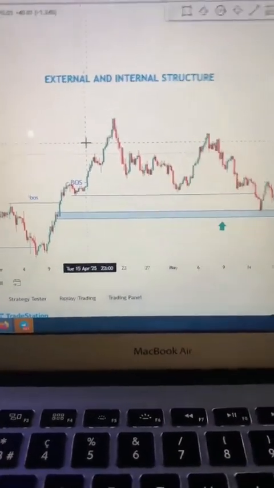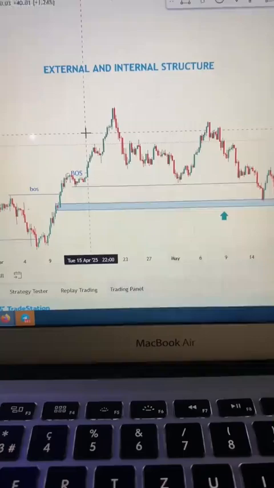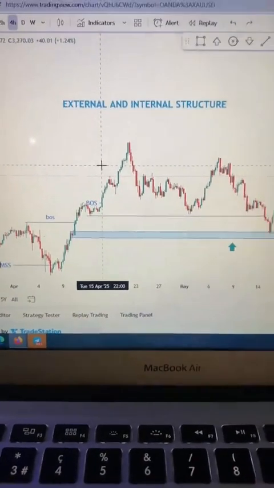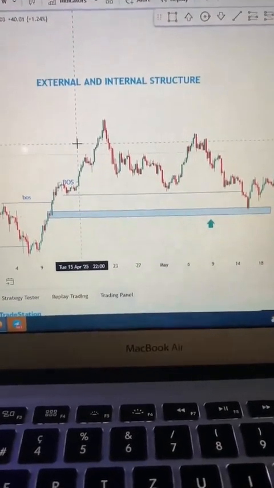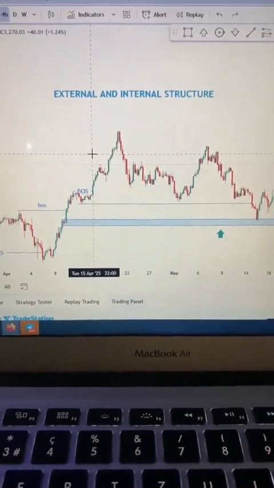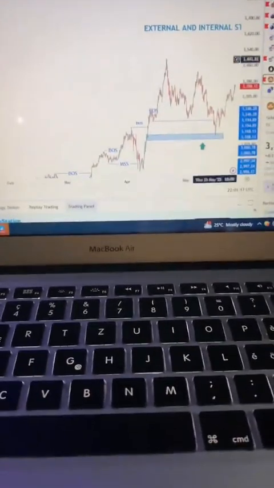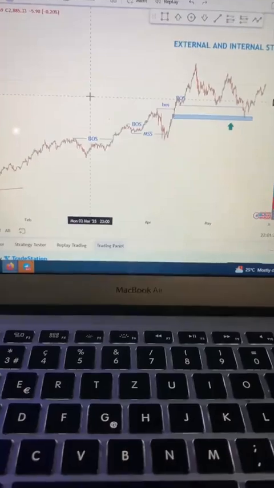According to what I have in my book, I said external structure refers to major swing highs and swing lows that define the overall market trend. Let me read that again. Just pay attention to the charts.